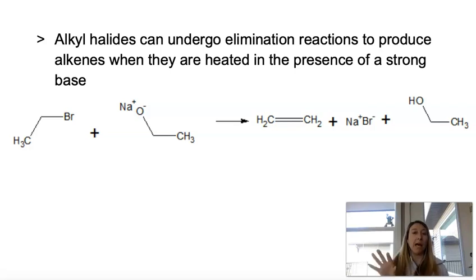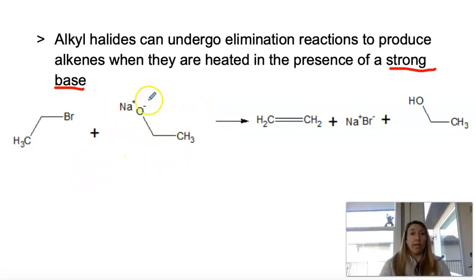We're always going to be taking that off of one of the carbons, and then off the other one, we're going to be taking a hydrogen so that we can create that double bond, okay? For an alkyl halide to undergo elimination, this has to happen in the presence of a strong base. So alcohols need a strong acid, and alkyl halides need a strong base.